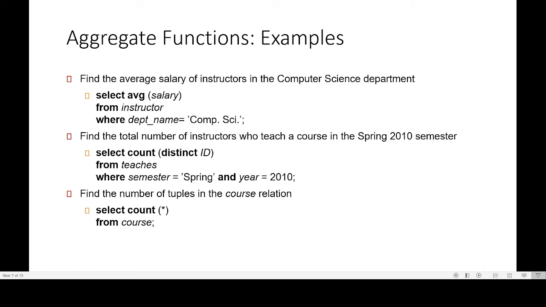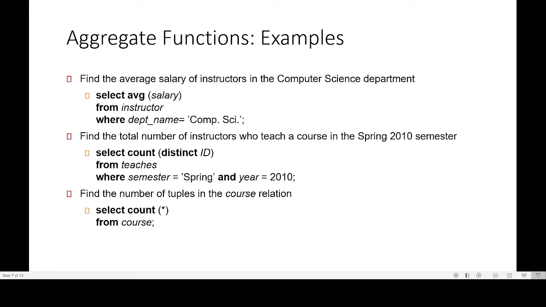Another example is to find the total number of instructors who teach a course in the spring 2010 semester. The same thing, we can find the total number of instructors. Number means it is a count, so we can use the aggregate function count. So we'll be using select count, then distinct, for avoiding the duplicate value.